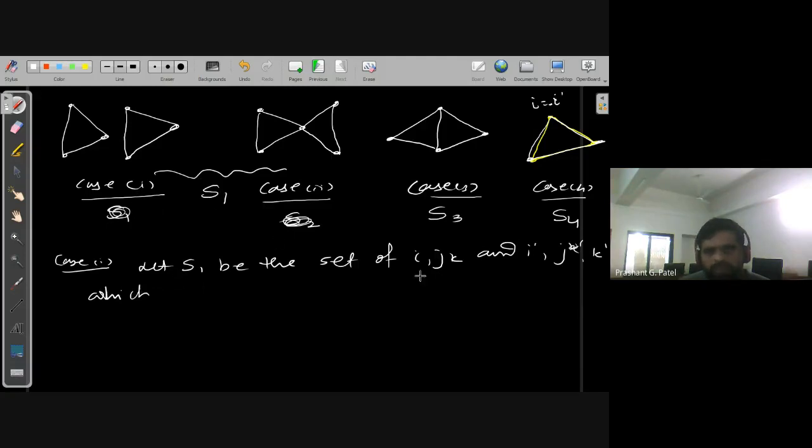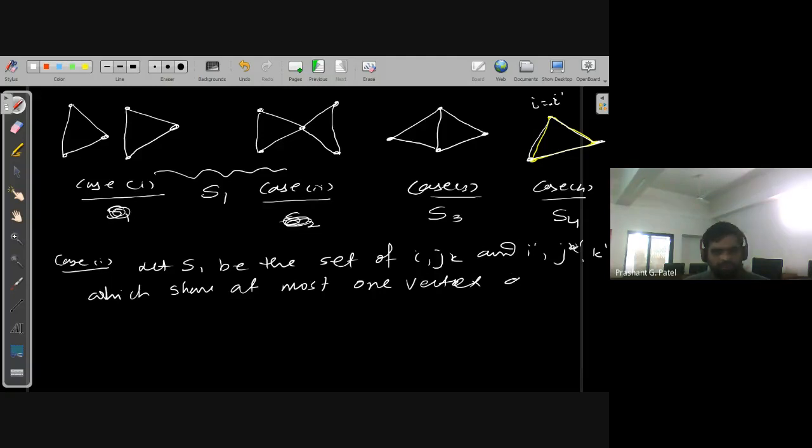So S1 will be the set of all these ijk and i' j' k' which share at most one vertex. At most one vertex means either no vertex is common or at least one vertex, that means one vertex is there.